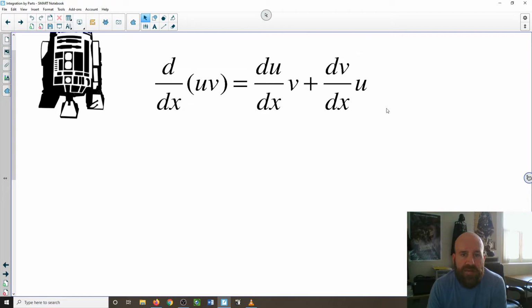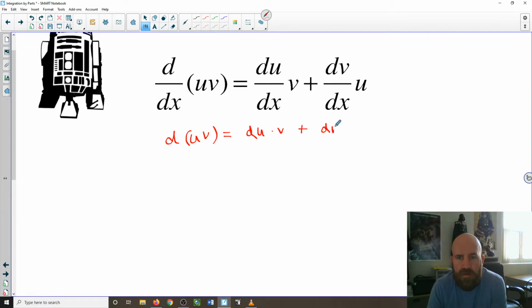So we're multiplying both sides by dx, and we are going to end up with d(uv), so dx goes away, and du times v, and then plus dv times u. Okay, so we got rid of the dx on both sides.